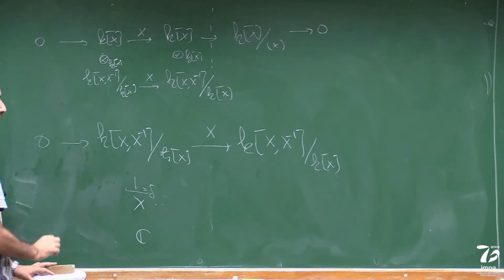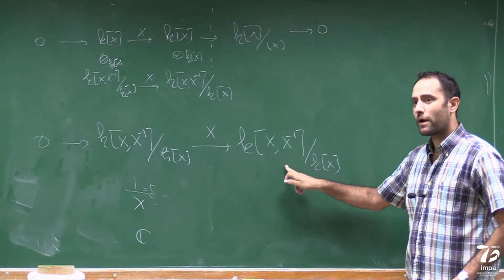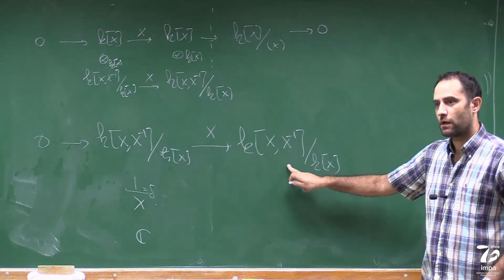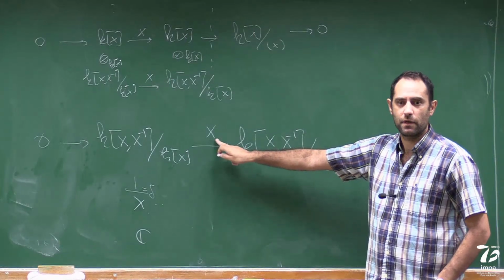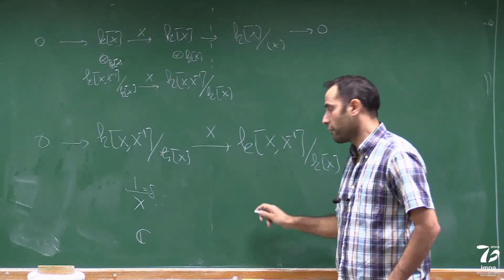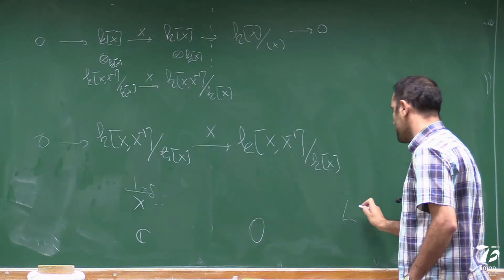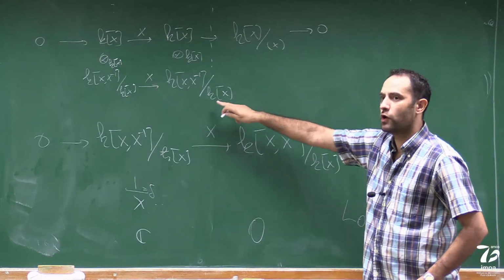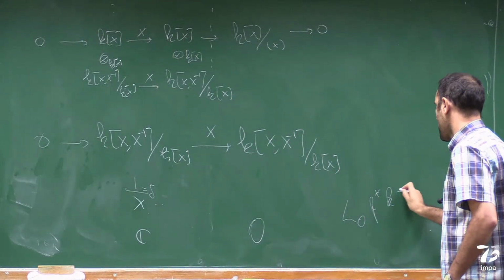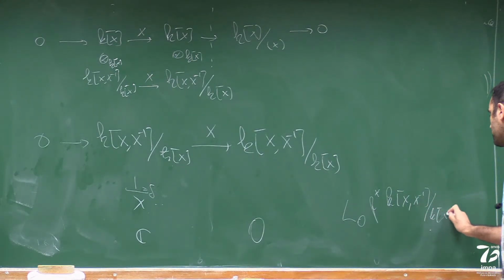So the dimension is 1. This is the kernel of this map. This was 0 here. What's the co-kernel of this map? Well, what are my things that are multiples of x? Everything is a multiple of x here. So the co-kernel of this map is 0. Okay, so we've computed that the L0 pullback of the module of delta functions, k of x, x inverse, divided by k of x, was 0.